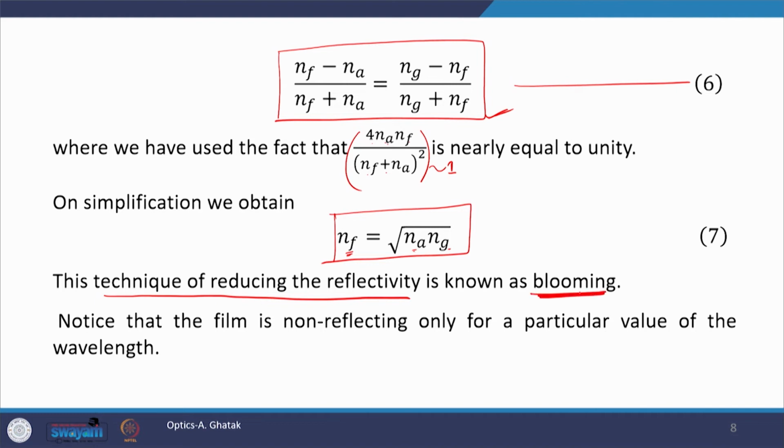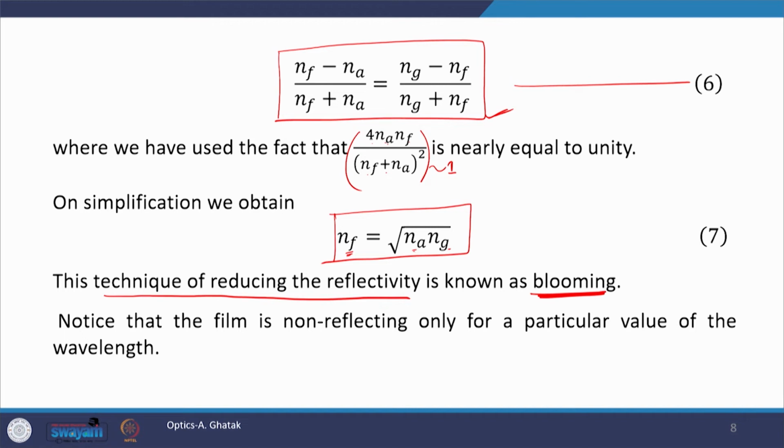Now, notice that here we have done everything for a given refractive index, and we can treat the refractive index as a constant as long as the wavelength of the light is fixed. The interrogating wavelength is treated as fixed here. Now, if we change the wavelength, then this condition will not be valid anymore.